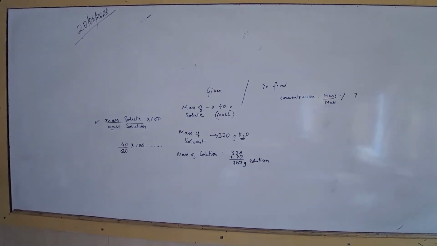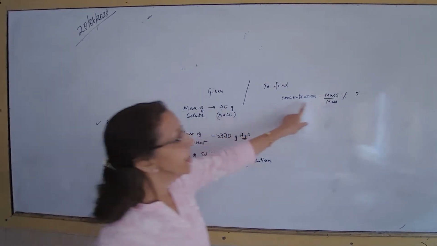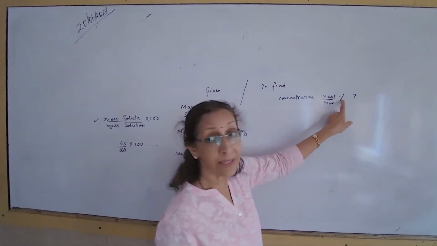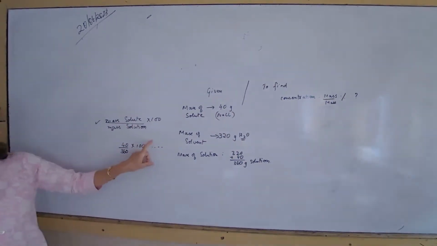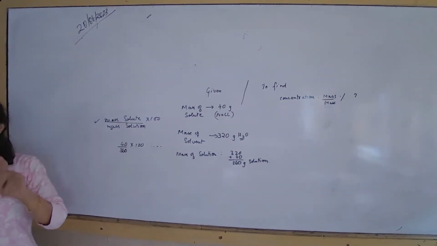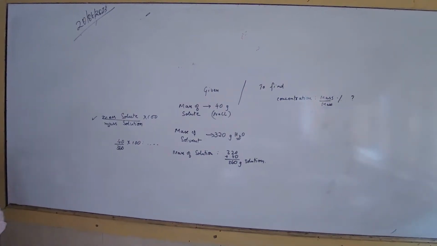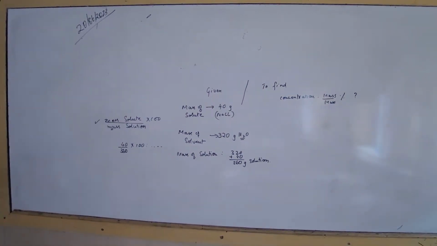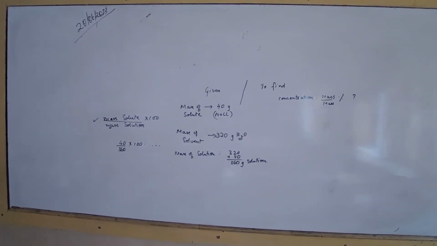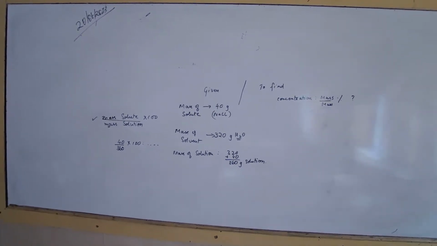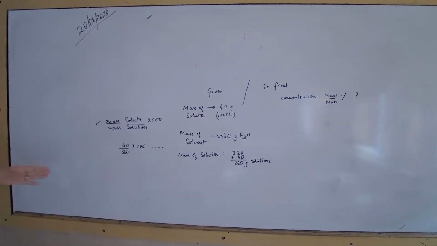What is your question? In mass upon mass percentage. So whatever number you get here, this will be in percentage, because you've already multiplied it with 100. But you can do it afterwards, cancelling. This is nothing but pure math.